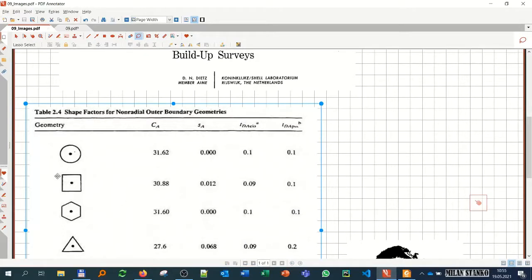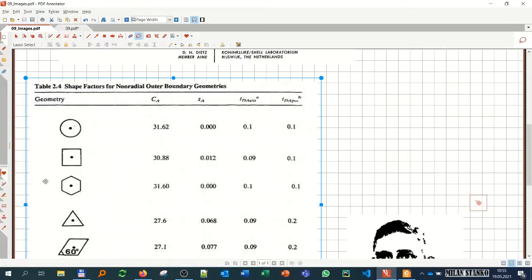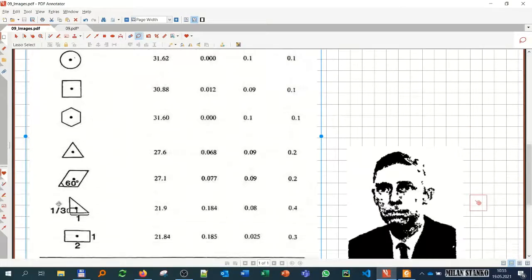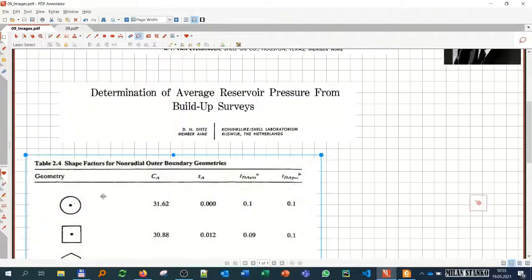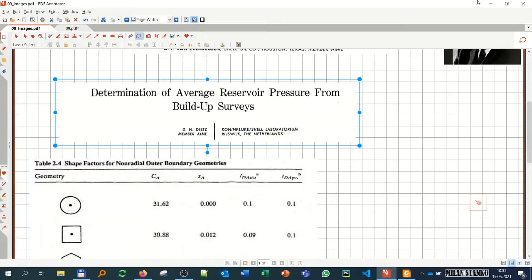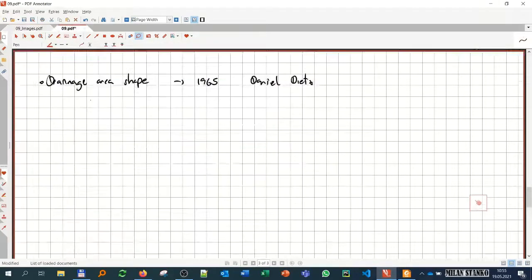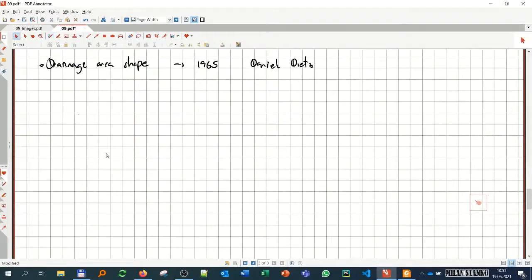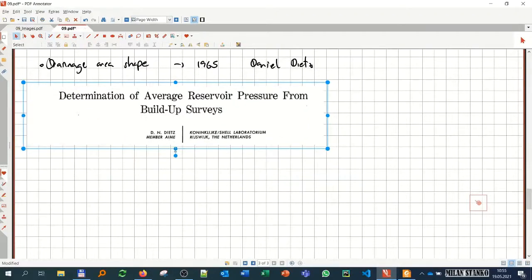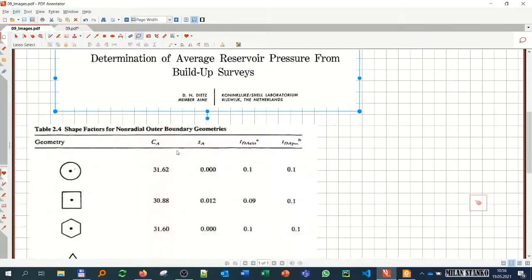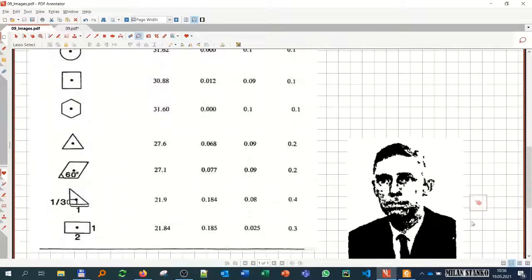Depending on the structural boundaries you have in the reservoir, or on the number of producers and injectors around, you might have different shapes. So he came up with a way to include those non-idealities, those differences from the ideal case. That's Daniel Dietz, around 65. This is the best picture I could get of him.